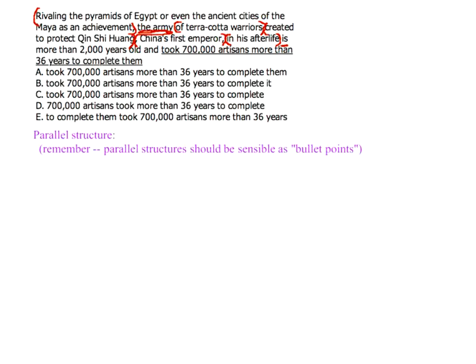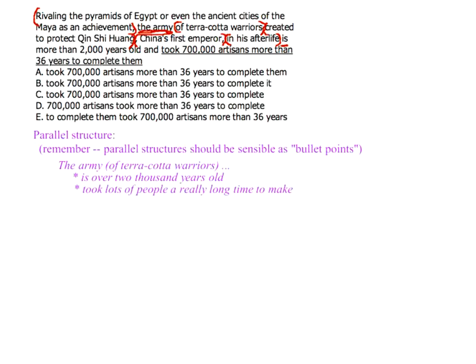So let's do that. Well, the army of terracotta warriors. Well, bullet point number one, it is over 2,000 years old. And bullet point number two, took lots of people a really long time to make.